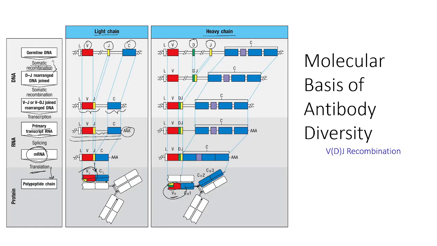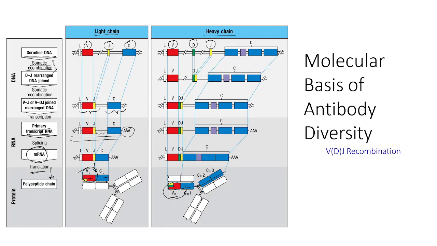For the heavy chain recombination, you have the variable, diversity and joining segments. First, the D segment or the diversity segment joins the J segment, and then the V segment joins this, leading to VDJ joining. Like the light chain, this rearranged DNA is transcribed and spliced with the constant region to form the functional heavy chain protein.